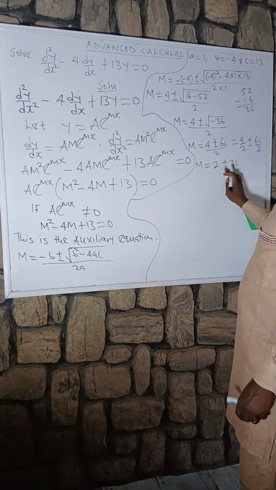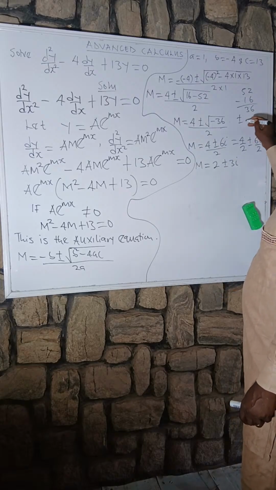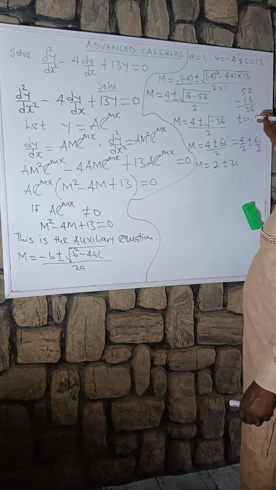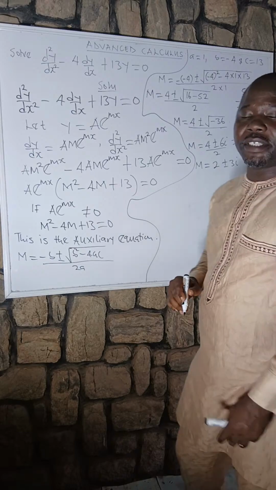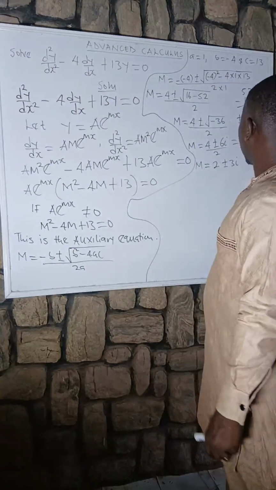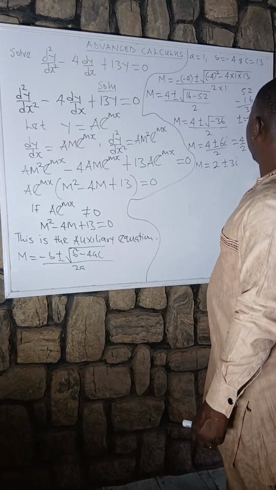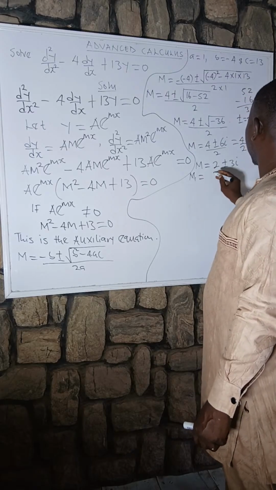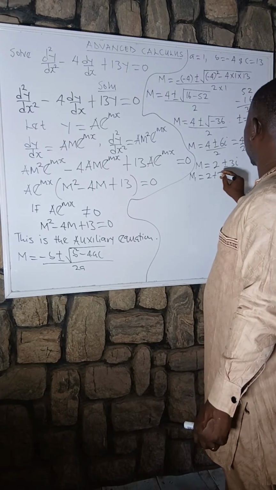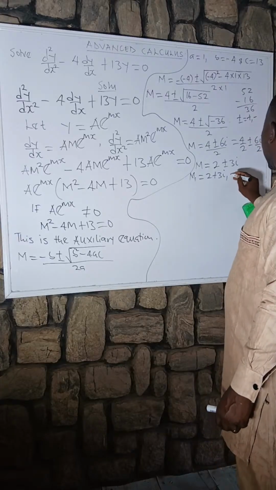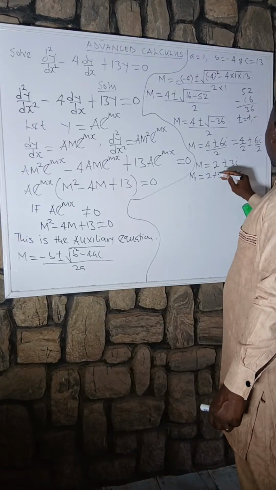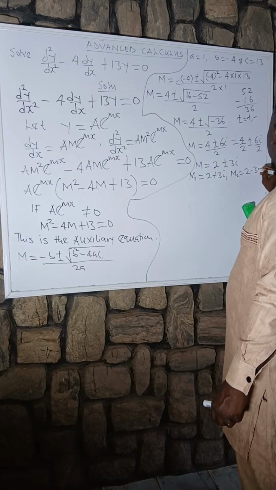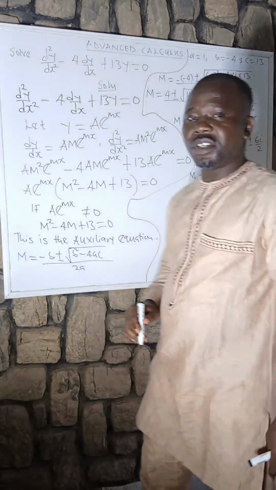Then here, when we say plus or minus, it means first plus, then minus. So because of plus or minus, we are going to have our m1 equal to 2 plus 3i, then our m2 will now be equal to 2 minus 3i. Do you agree with me?